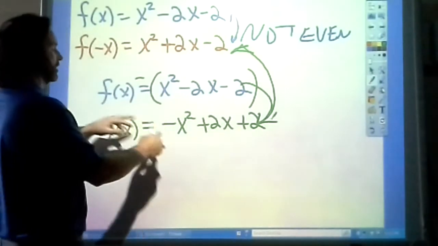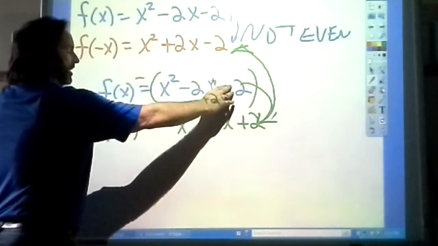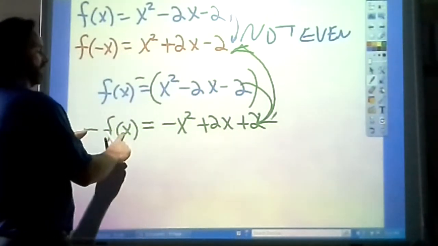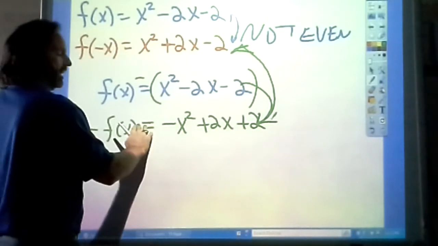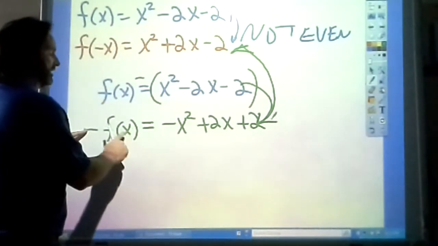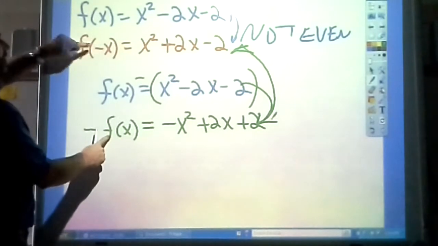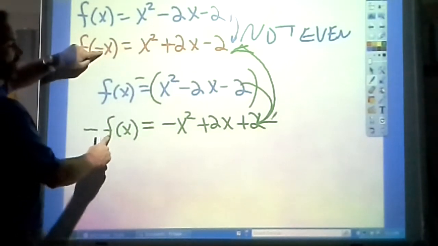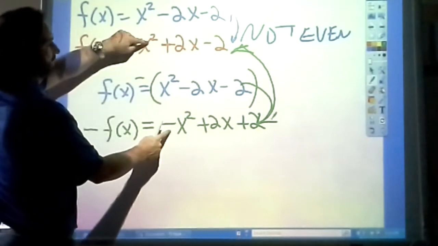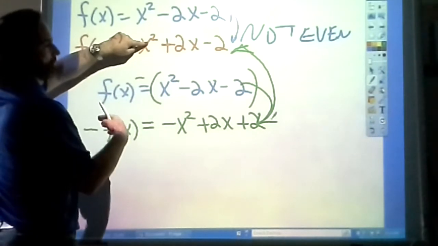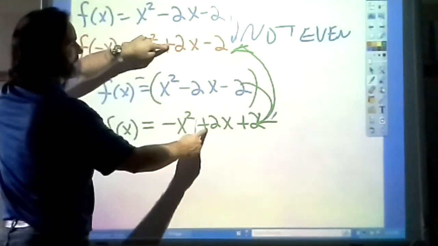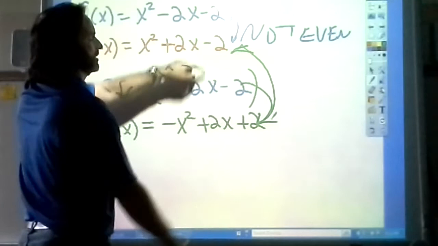So here, I took our original equation, made it negative f of x, and changed all the signs, and negative f of x needs to equal f of negative x if it's an odd function. So here I've got negative x squared, and that's positive x squared, so right away it's not the same equation. And this is plus 2x, that's good, but this is plus 2, that's minus 2.